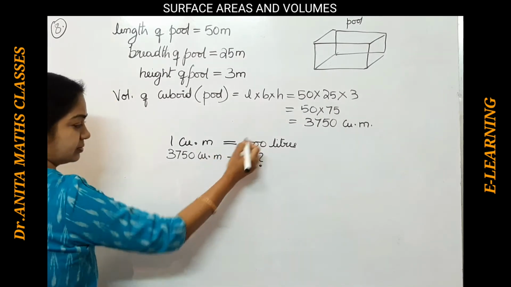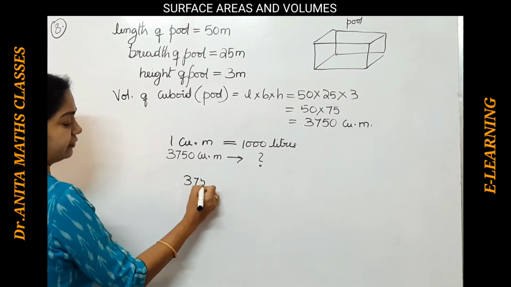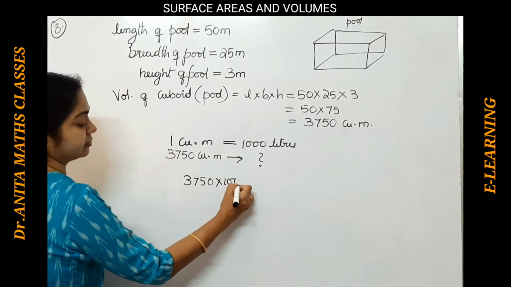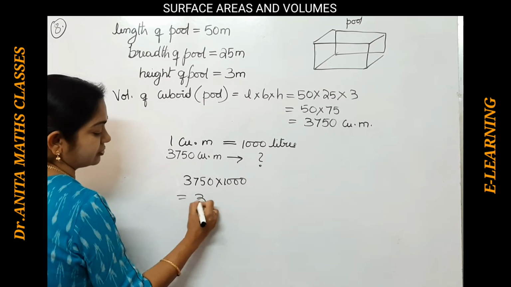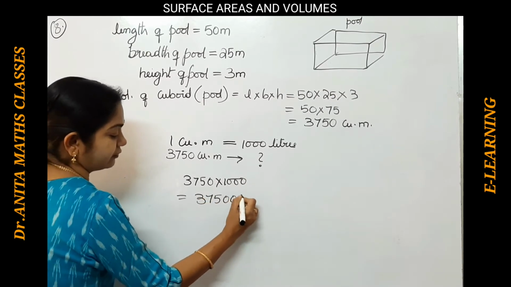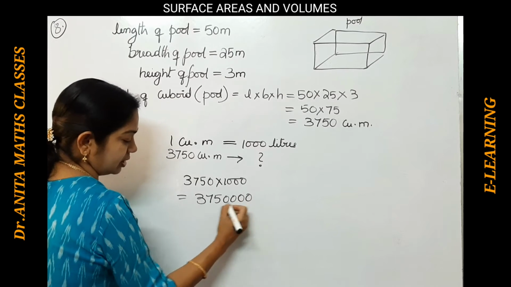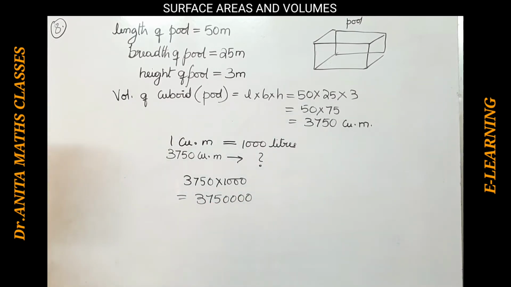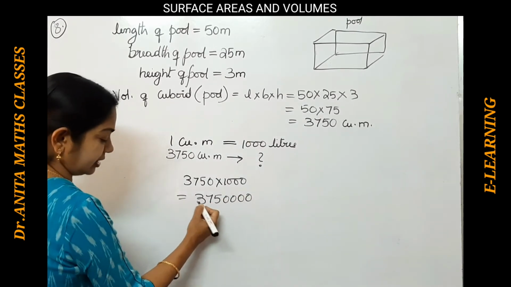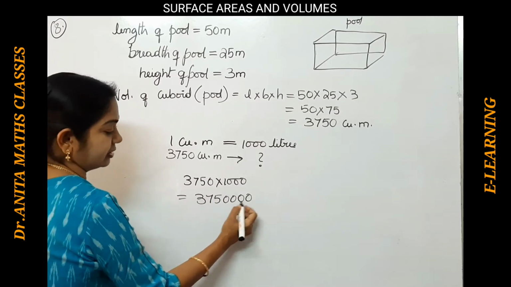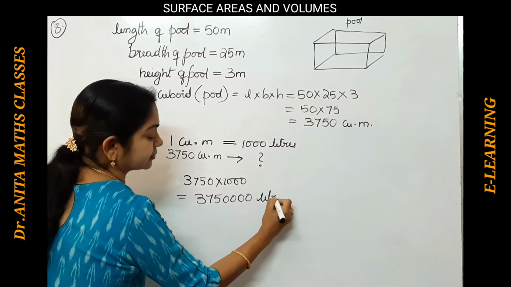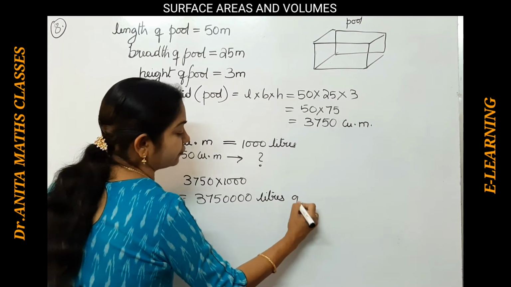So just cross multiply, 3750 into 1000. So that comes to 375 followed by 4 zeros. Here 3 zeros and this 1 zero, right? So that means 37,50,000 liters of water.